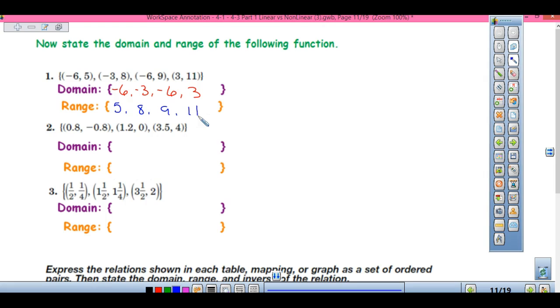So to tell if it's a function, do we look at the domain or the range? We look at the domain. Are there any repeated numbers in the domain? There are repeats, so is this a function? No. So we go not a function, because negative 6 repeats itself in the domain. Therefore, it's not a function.